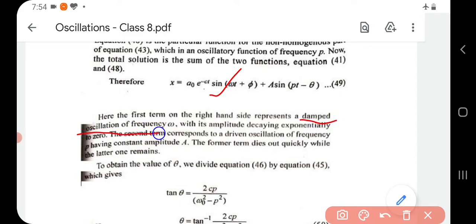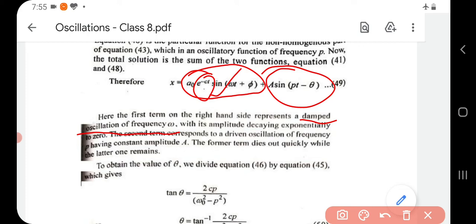Damped oscillation of frequency omega with its amplitude decaying exponentially to 0. Here you can see an exponential part. The second term corresponds to driven oscillation of frequency p having constant amplitude A, because there is no exponential part.